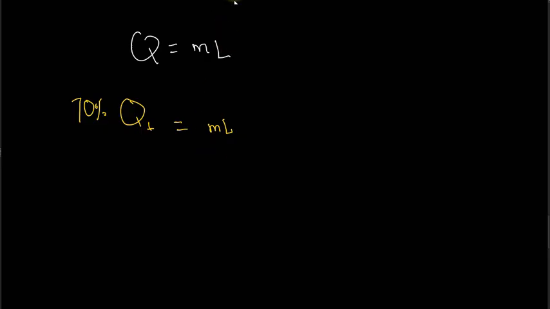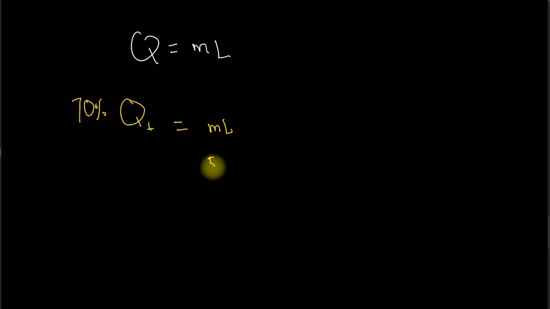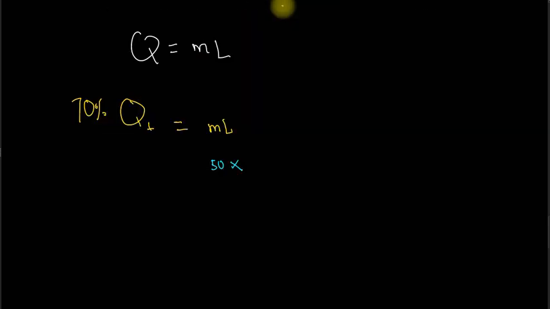So mass was given as 50 gram, times the latent heat of ice, which is 336 joule per gram. Since gram and gram are uniform, we can use it like that without converting to kilogram. So 50 times 336 is 16,800 joules.